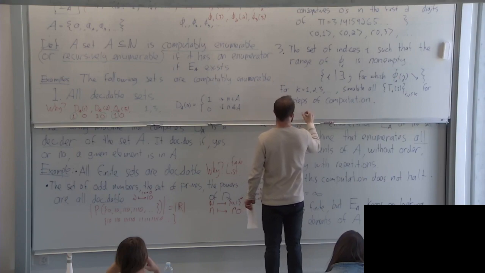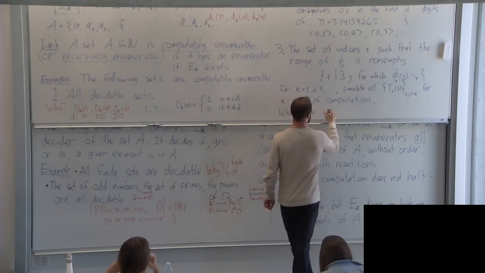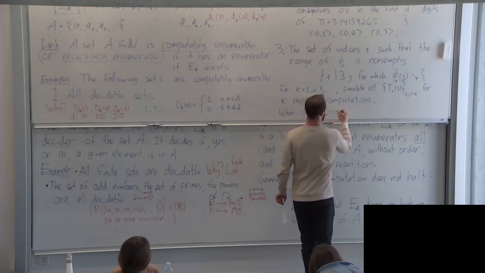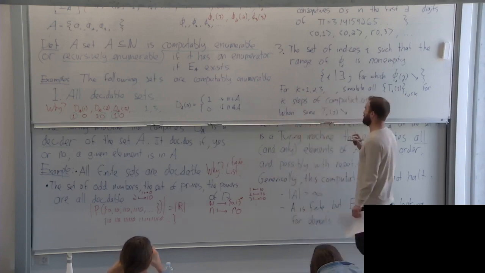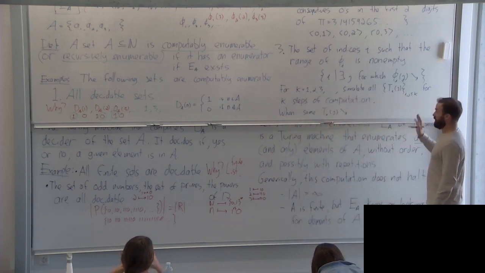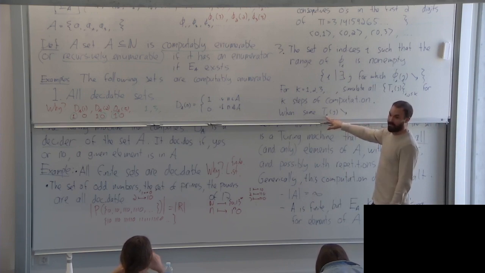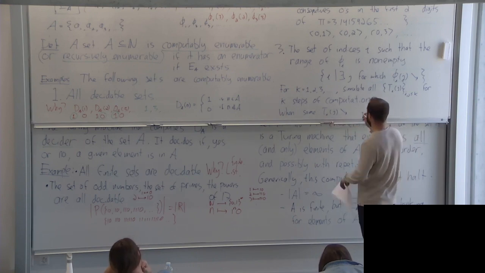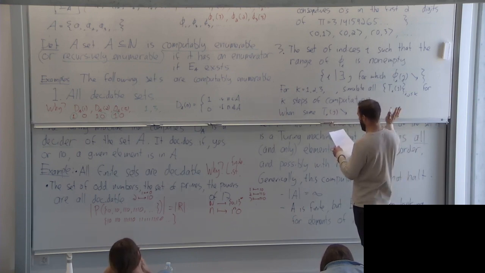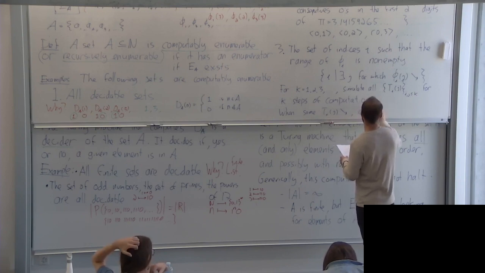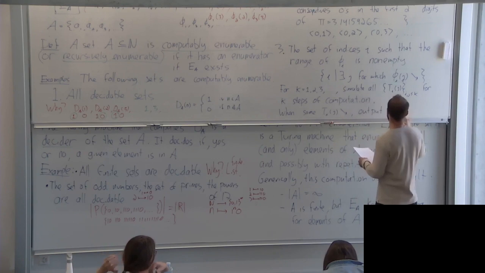When some T_i on j halts, I'm going to say, oh, cool, the partial recursive function number i has a non-empty range. So I'm going to output i, and you no longer need to simulate it in further steps.